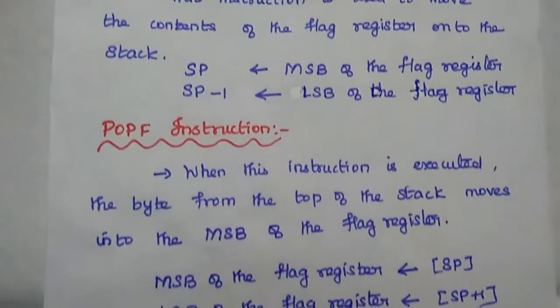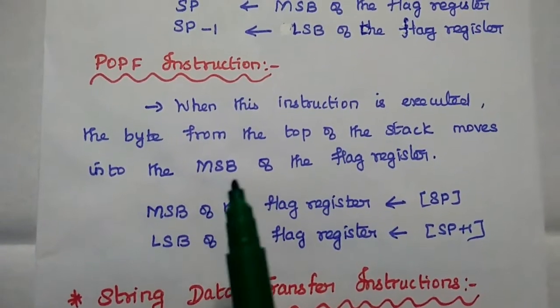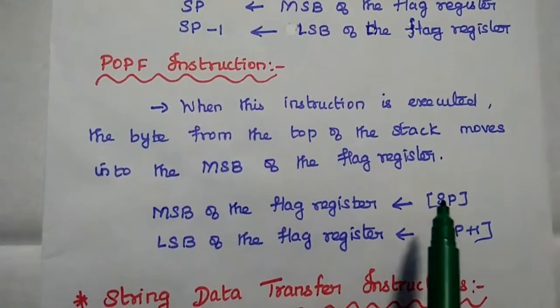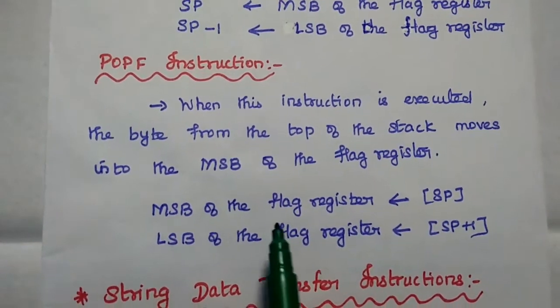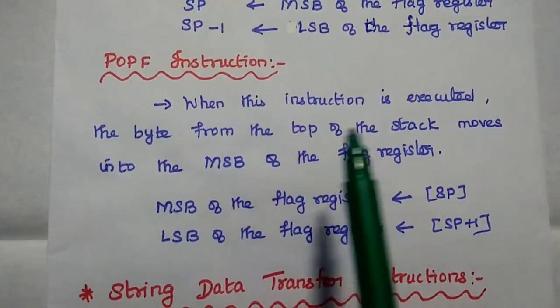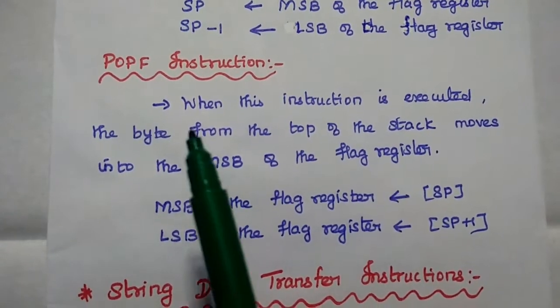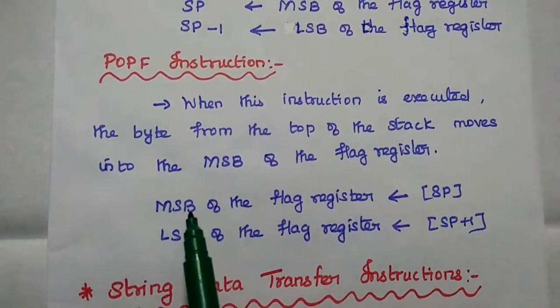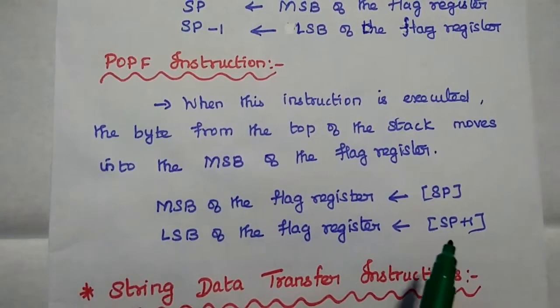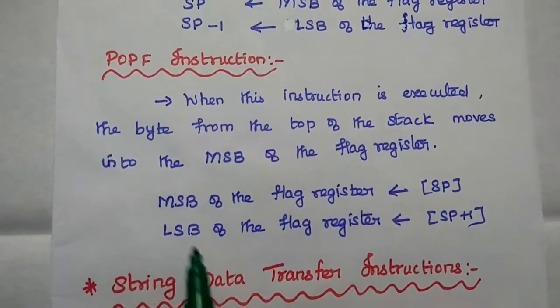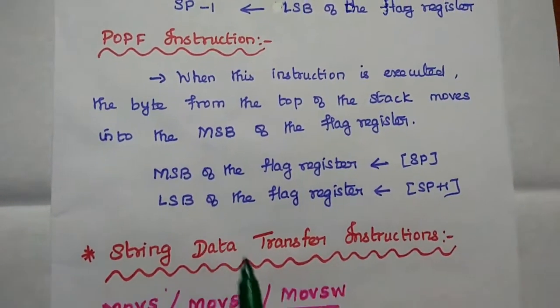Then the POPF instruction is used to transfer the stack value back to the flag register. When this instruction is executed, the byte from the top of the stack moves into the MSB, and the next, incremented location value is moved to the least significant byte.